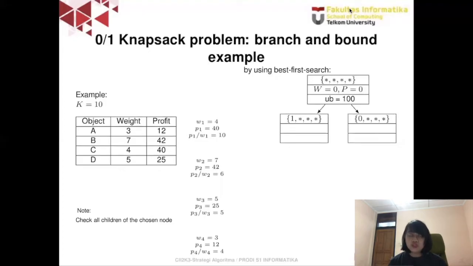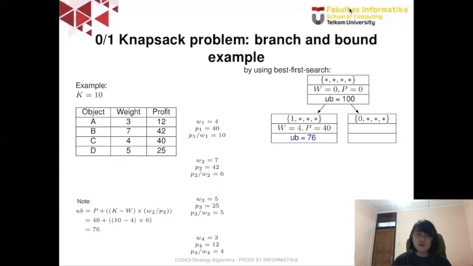Then if we choose the first item, then our weight will be 4, the total weight we have so far, and the total profit we have so far will be 40. And the upper bound will be 40 here, the total profit we have so far, because we already know that the solution must contain the first item, which gives us the profit of 40.